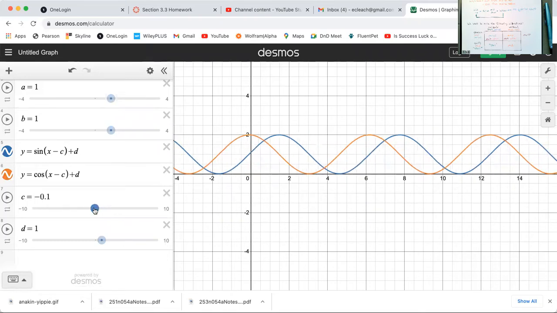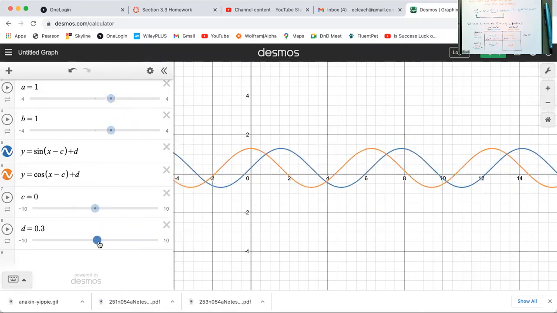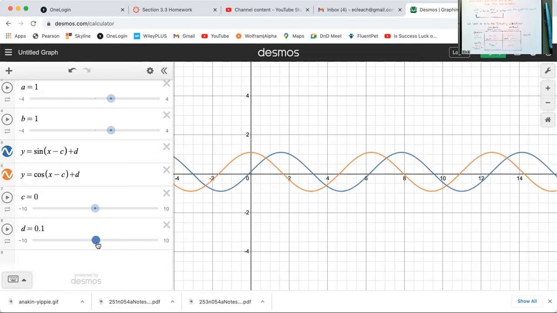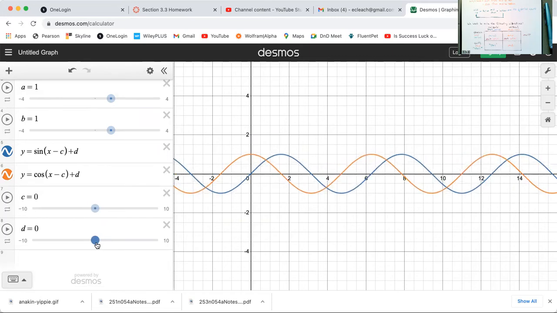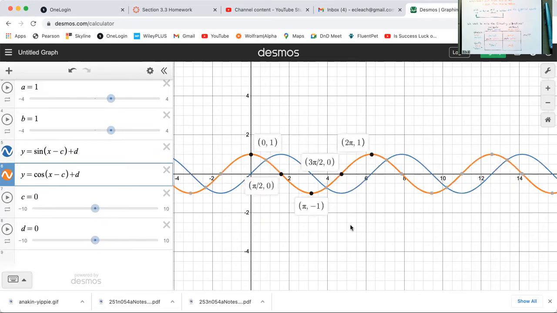Our default values of C and D are 0, but we can see what's going to happen because I started moving them already. Here, if I highlight the orange one, that's cosine. Our amplitude is 1, and our period is 2 pi. Now I'm going to start moving the values of C back and forth.